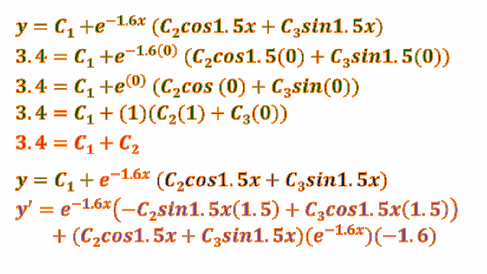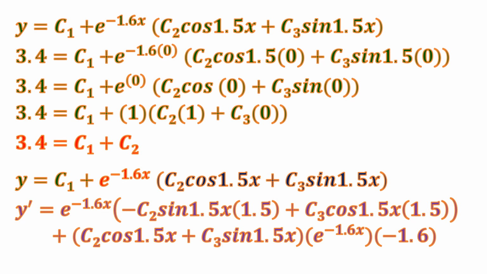First we're going to copy the e to the negative 1.6x and get the derivative of the blue part, the one that I colored blue. The derivative of cosine is negative sine. That's why it becomes negative c sub 2 sine 1.5x times 1.5, because we take the derivative of the angle. That's according to the chain rule. Next, the derivative of sine is cosine.